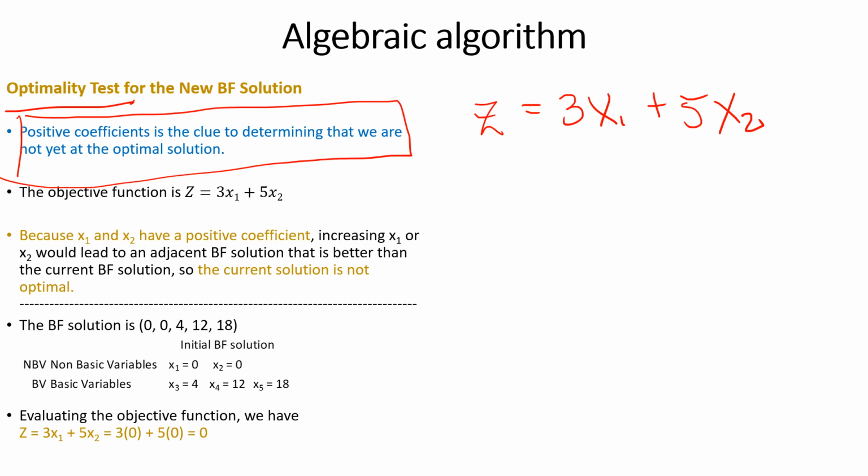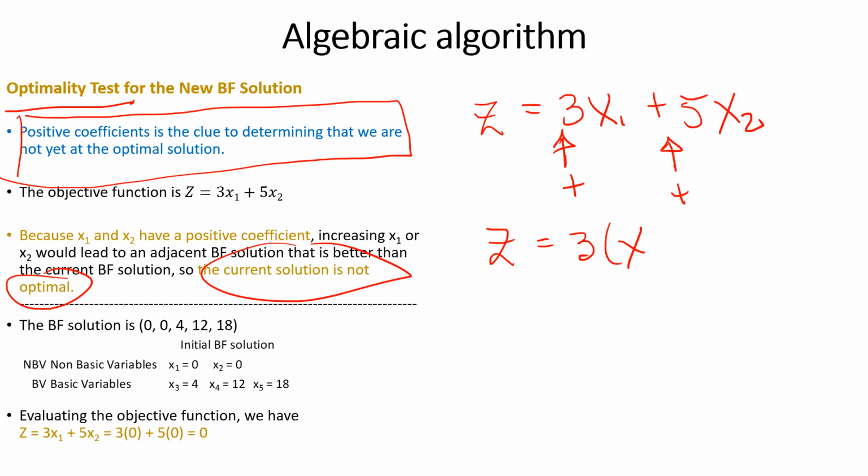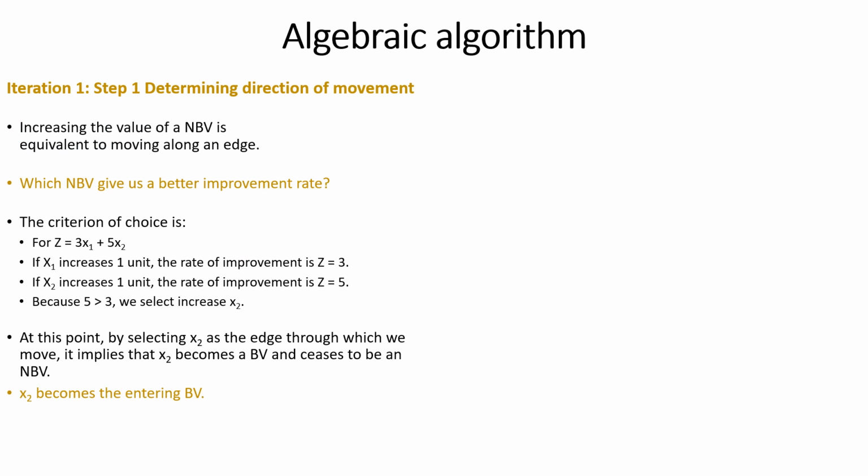At this point we got 2 positive coefficients, so that means this is not our optimal solution. Now, with x1 equals 0 and x2 equals 0, z is 0. So we're going to start with one iteration, and we go to step 1.